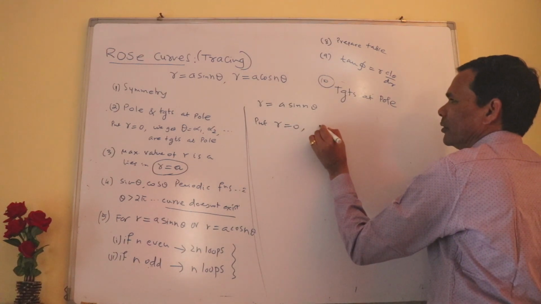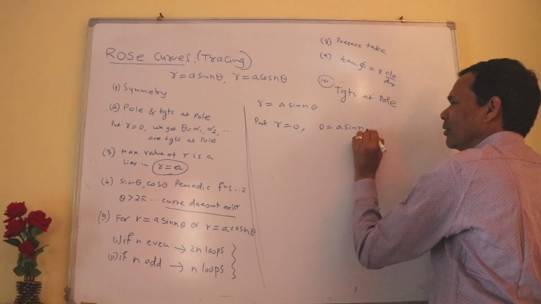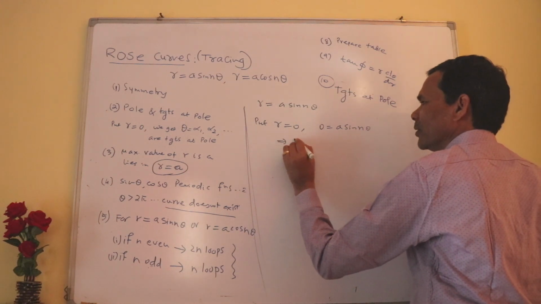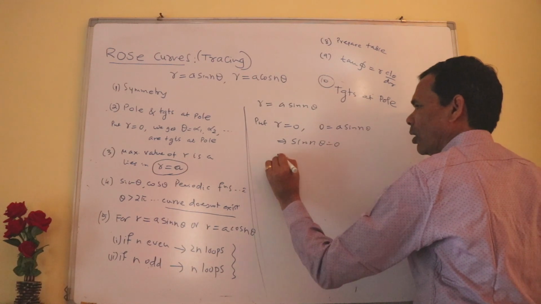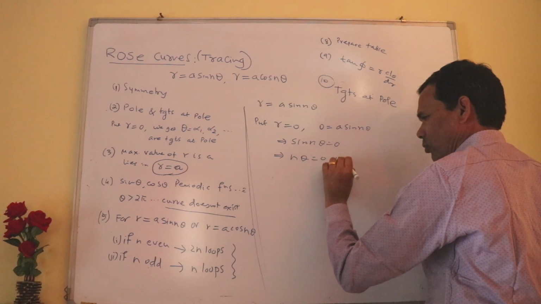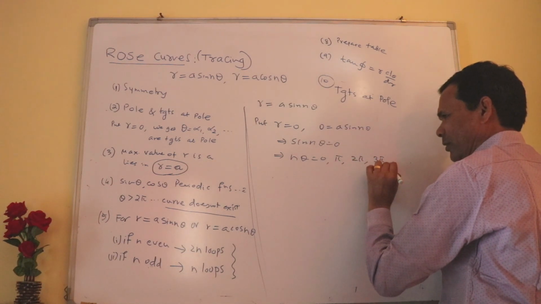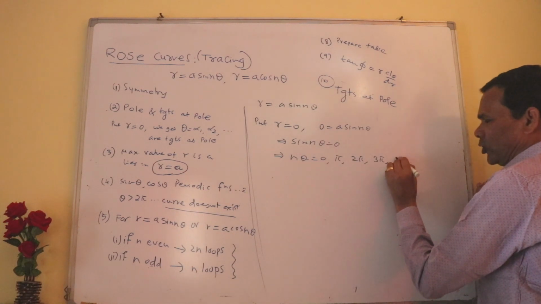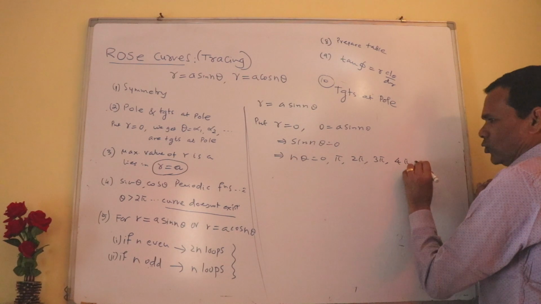So 0 is equal to a sin n theta, which implies sin n theta is equal to 0, which implies n theta is equal to 0, pi, 2 pi, 3 pi, 4 pi, and so on, for which the sine value is 0.